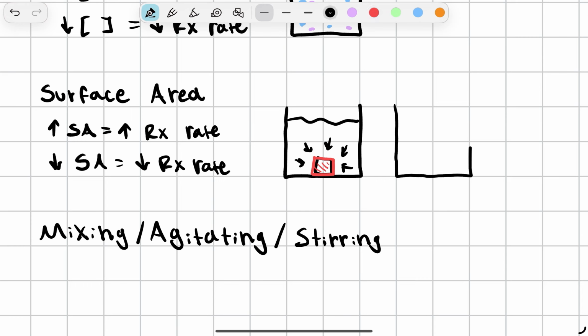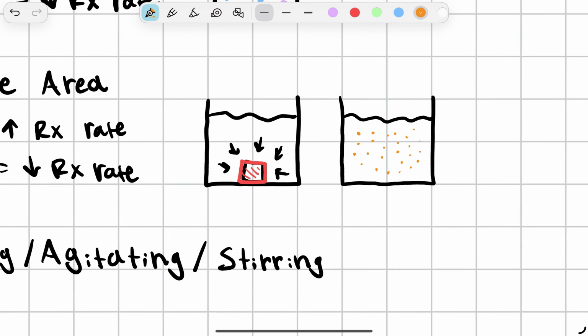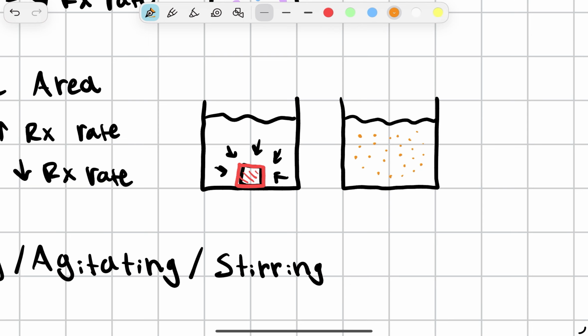But if, say, I put a sugar packet in here, I'm going to make the sugar orange. So if I sprinkle sugar into the water, we're going to have all these loose, separated crystals of sugar.